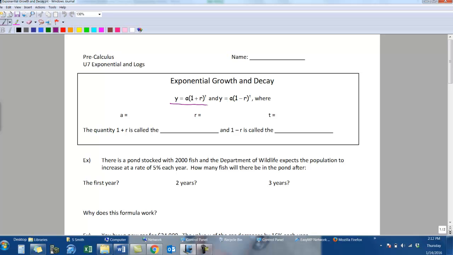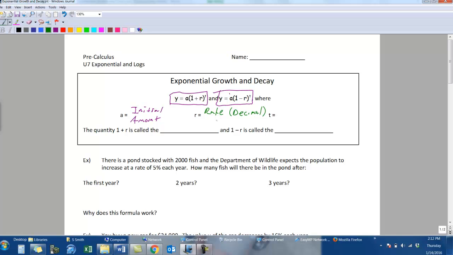And our models for those are y is equal to a times 1 plus r raised to the t power, and y is equal to a times 1 minus r to the t power, where a is the initial amount, r is the rate, and the rate needs to be set as a decimal.